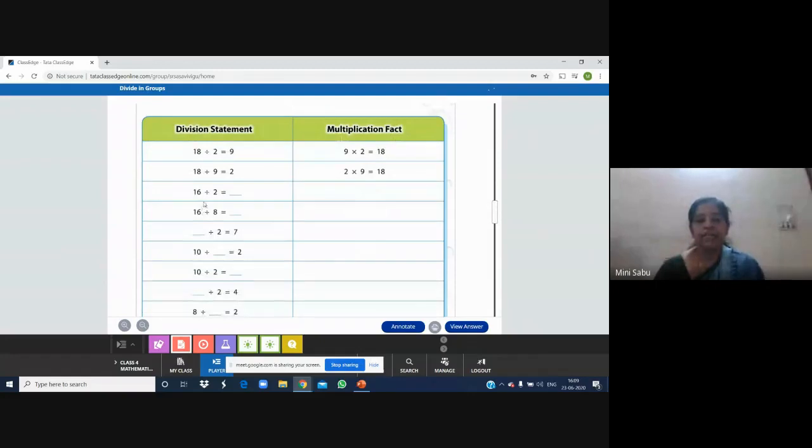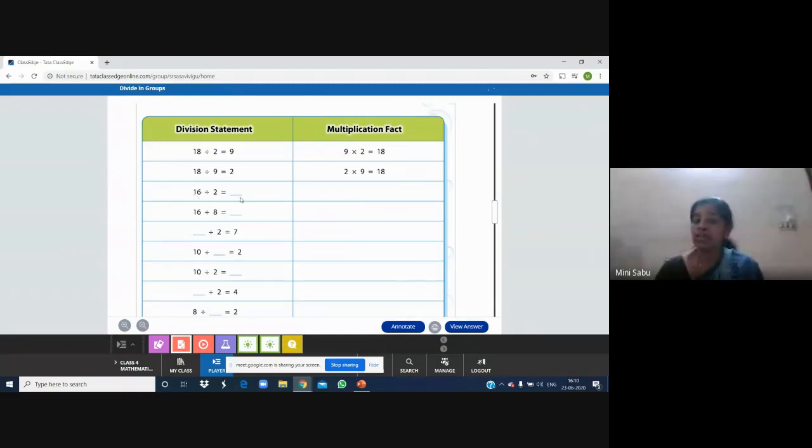Now, let us take the third question. 16 divided by 2 is how much? We have to say the table of 2 here till we reach 16. 2 5s are 10, 2 6s are 12, 2 7s are 14, 2 8s are 16.